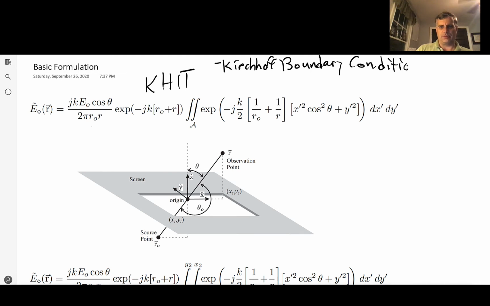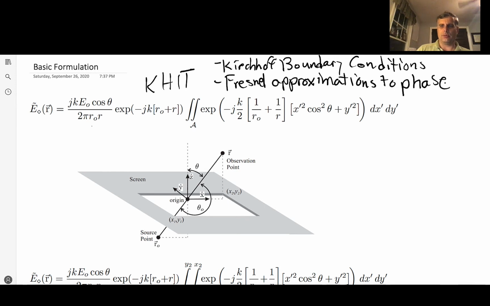Our other assumptions were the Fresnel approximations to the phase terms, which allows us to get much closer than we normally would in a regular solution.